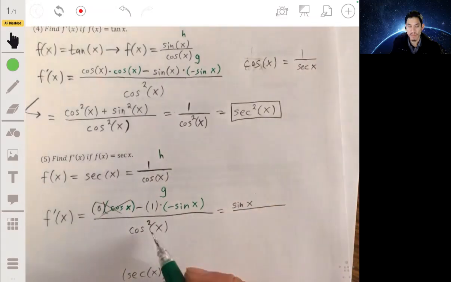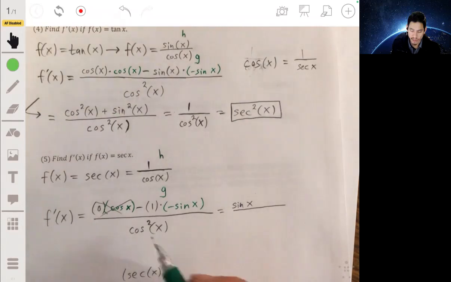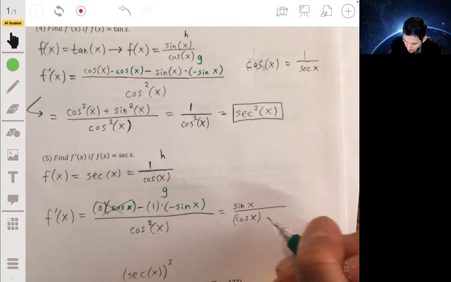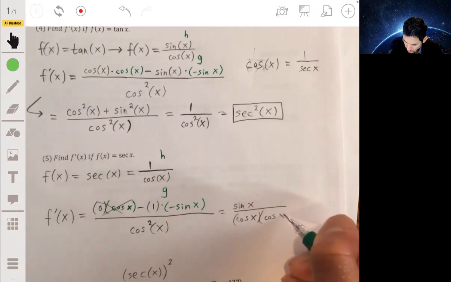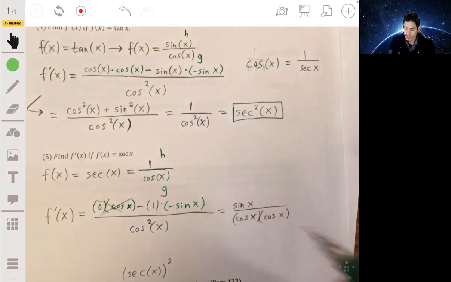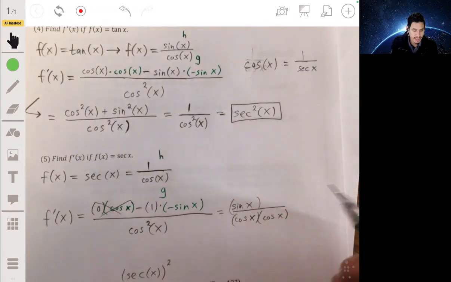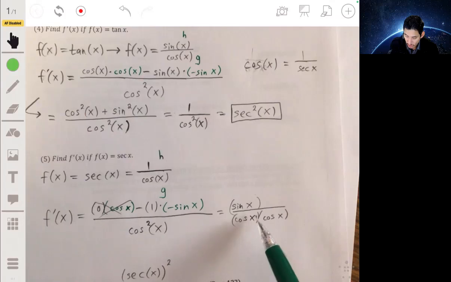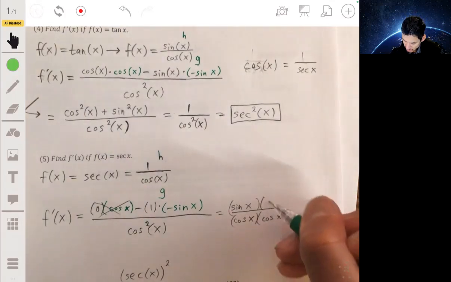And what we've got on the bottom is really the cosine of x times the cosine of x. So you can rewrite this as the sine of x over the cosine of x times 1 over the cosine of x, right? Because this is just 1.